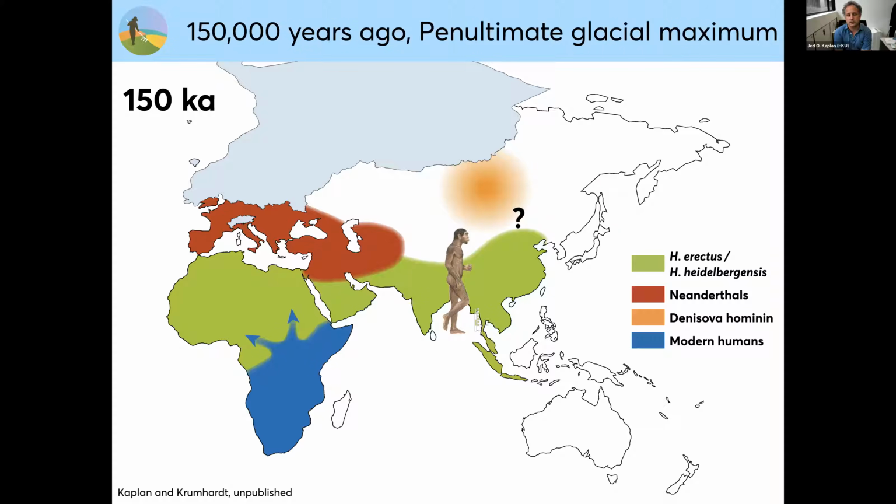150,000 years ago, during the penultimate glacial maximum, so this was the period of maximum glaciation that followed that warm period, we start to see the expansion of modern humans throughout Africa and probably even in a series of advances into Asia. Although these early out migrations of humans from Africa to Asia are less well understood than what came later in history.